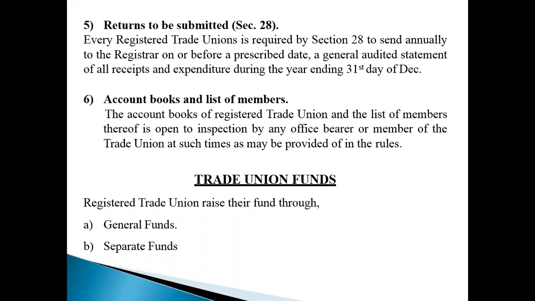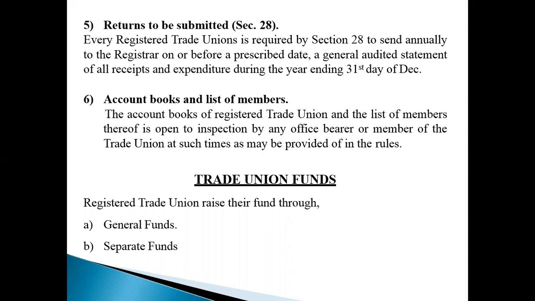Under this section 28, all trade unions have to audit their receipts and expenditure on a year to year basis, right? Then account books and list of members. The account books of registered trade unions and the list of members thereof are open to inspection by any office bearer or member of the trade union at such times as may be provided in the rules.